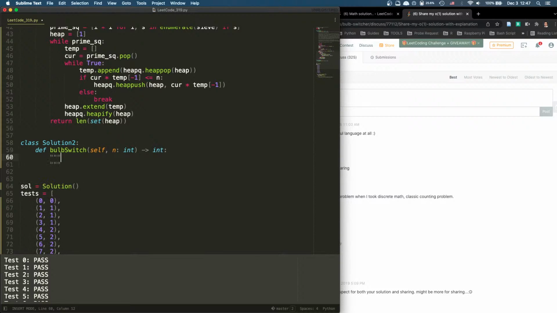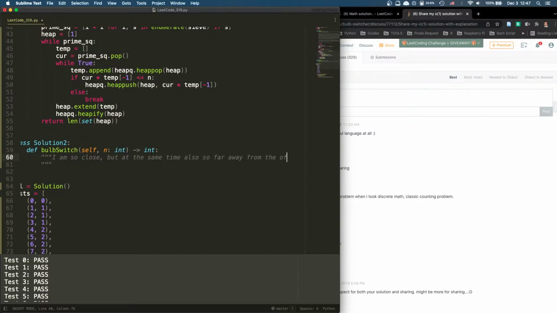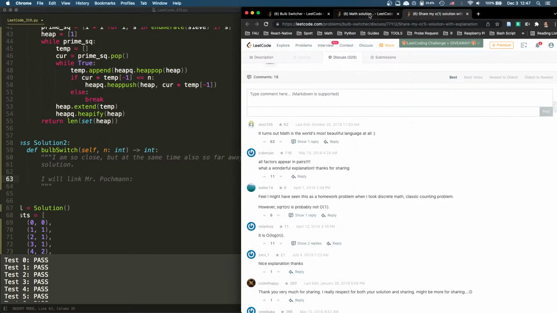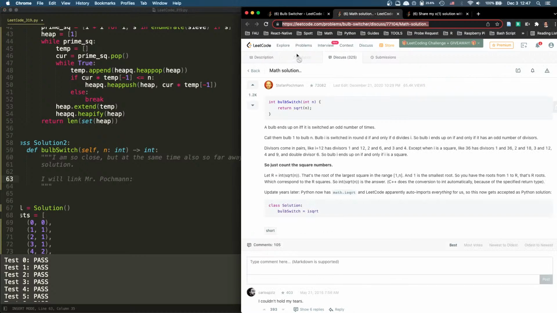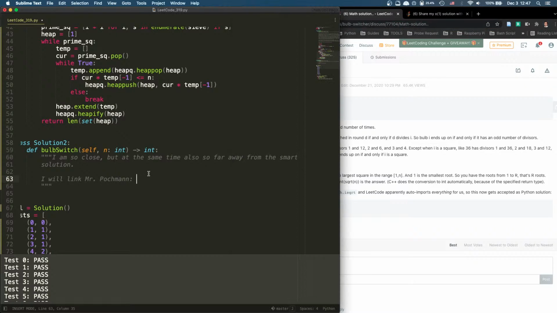Yeah, exactly what I'm going to say. I am so close, but at the same time, also so far away from the official, the smart solution. I will link Mr. Pachman here. Upvote you.